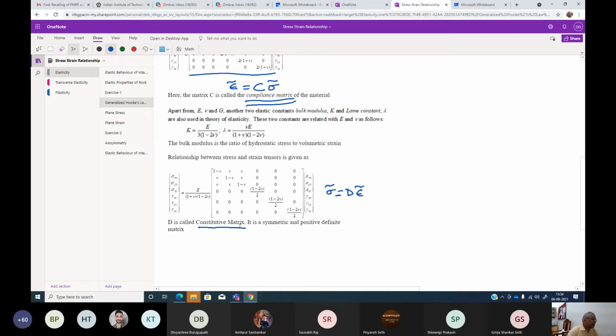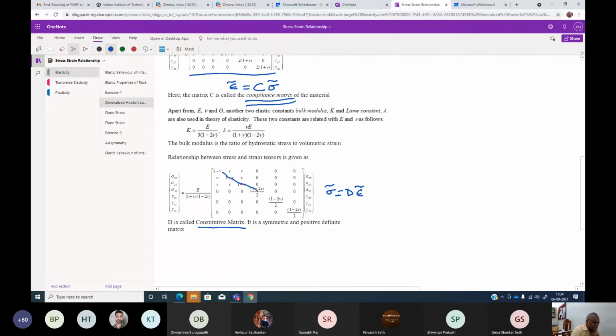For an isotropic elastic material, here is also the same. You can see they are all non-negative in the diagonal position. Another thing you will notice is that since it's isotropic, we are using only two parameters.